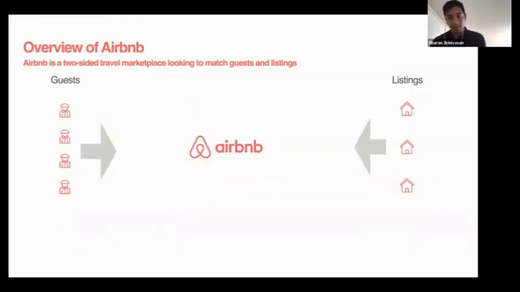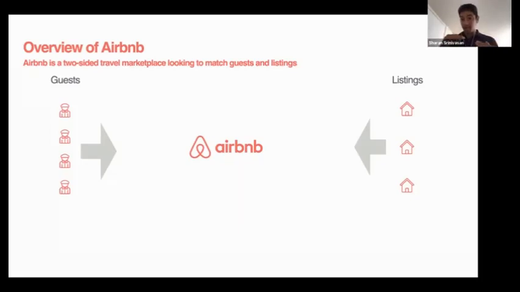Awesome. So we'll start with Airbnb. I hope a lot of people have used Airbnb. If not, definitely try it. But at a high level, from a more theoretical standpoint, Airbnb is a two-sided marketplace in the travel and accommodation space. As a platform, what we try to do is match guests who are looking to make a reservation with listings or hosts who are looking to rent out their space for a few nights.